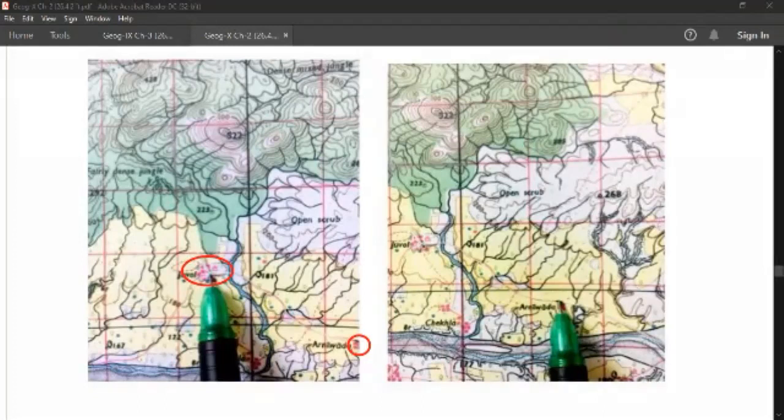For that, first of all, for measuring distance along a metalled road, unmetalled road, cart track, footpaths, rivers, we use a twine. So make a knot on one end of the twine, as I have done here, and place it on the point from where the measurement will begin.